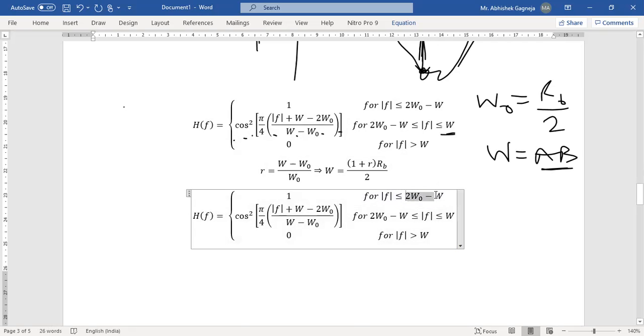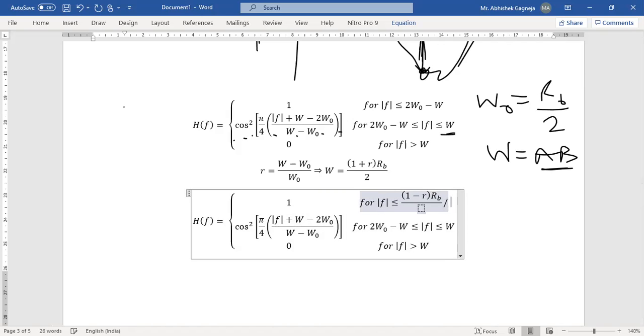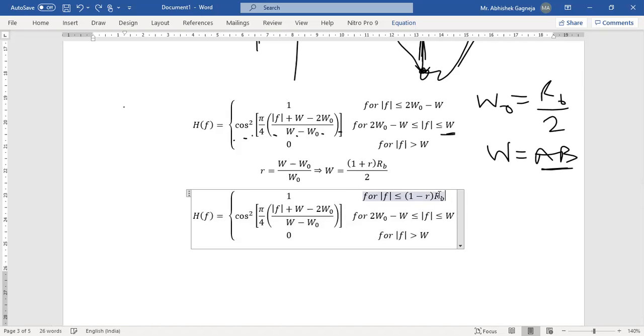So essentially what will happen is that this is like 1 minus R into RB by 2, right?